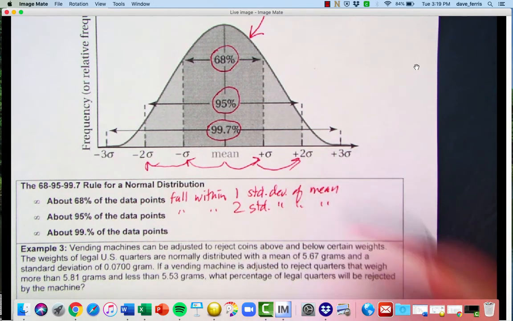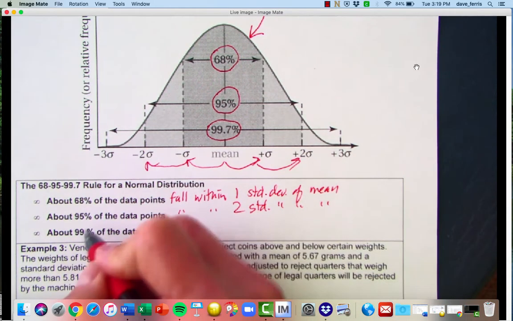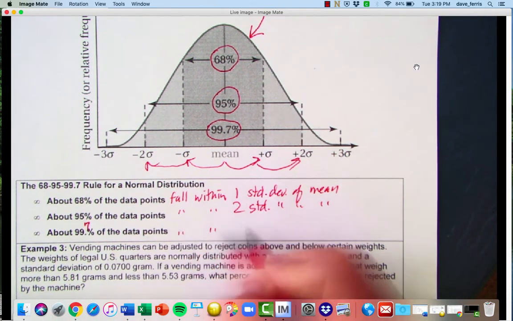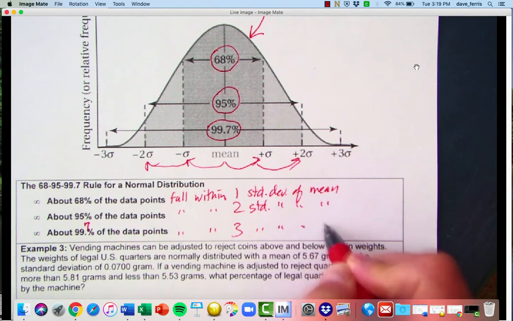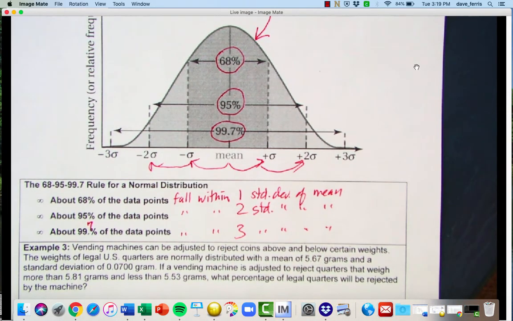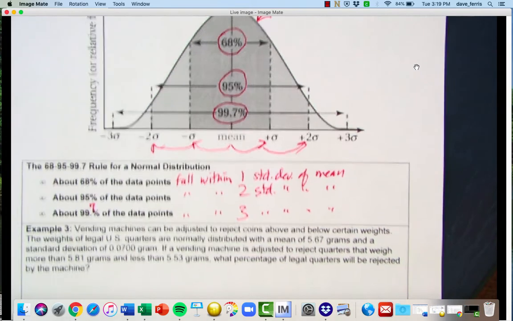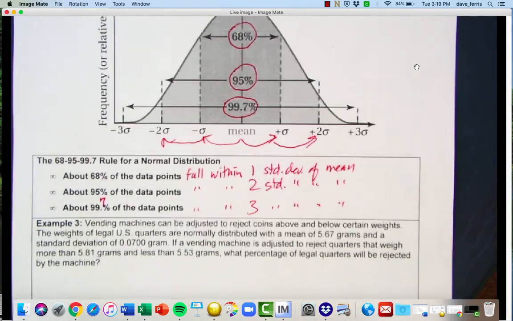And then when you go out, there should be a 99.7 there. About 99.7% of the data fall within 3 standard deviations of the mean. So there's your rule that is just a rough estimate rule. It's a rule of thumb. But we can use it to make some good general guesses about things.